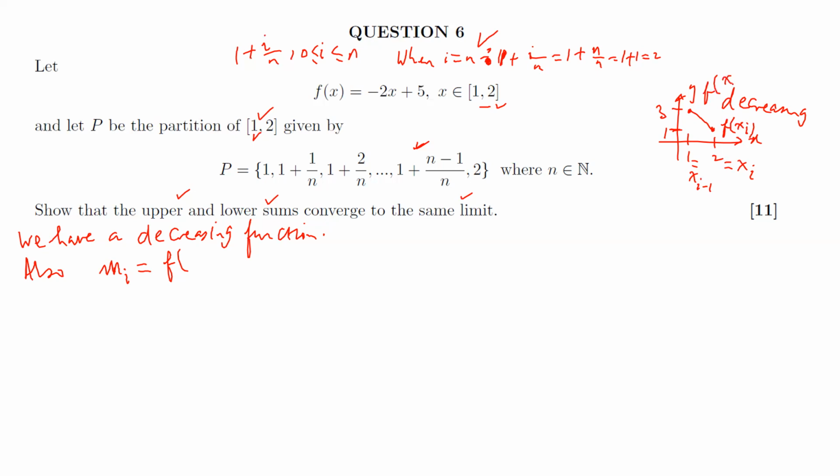This one is f(xi minus 1). So at this point is the point where you have xi, and then you have f(xi). And then here you have a point xi minus 1, and then you have f(xi minus 1).